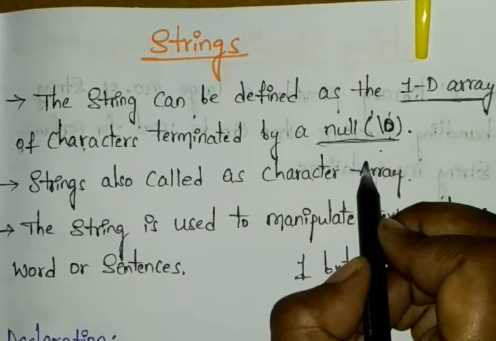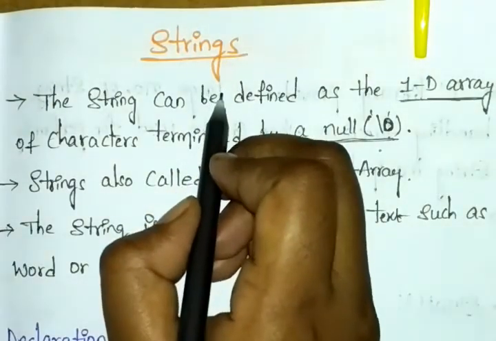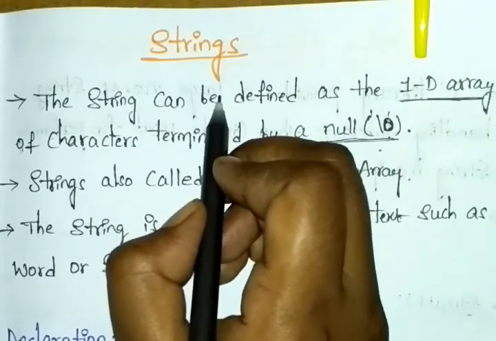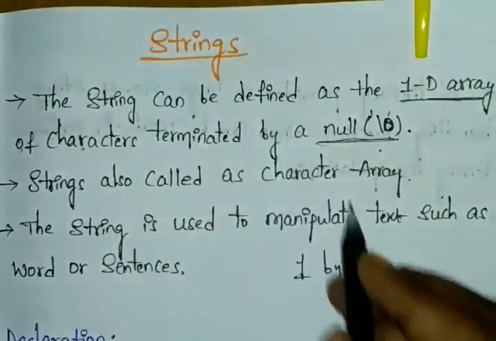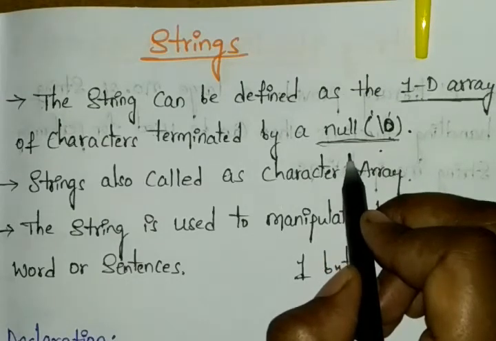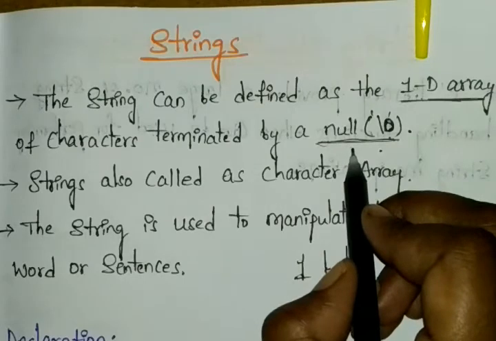This is very important whenever you're working with strings. You can't leave it out, because by using the null character only we can identify where the string has ended. Without it, we can get confused about where we ended our string.